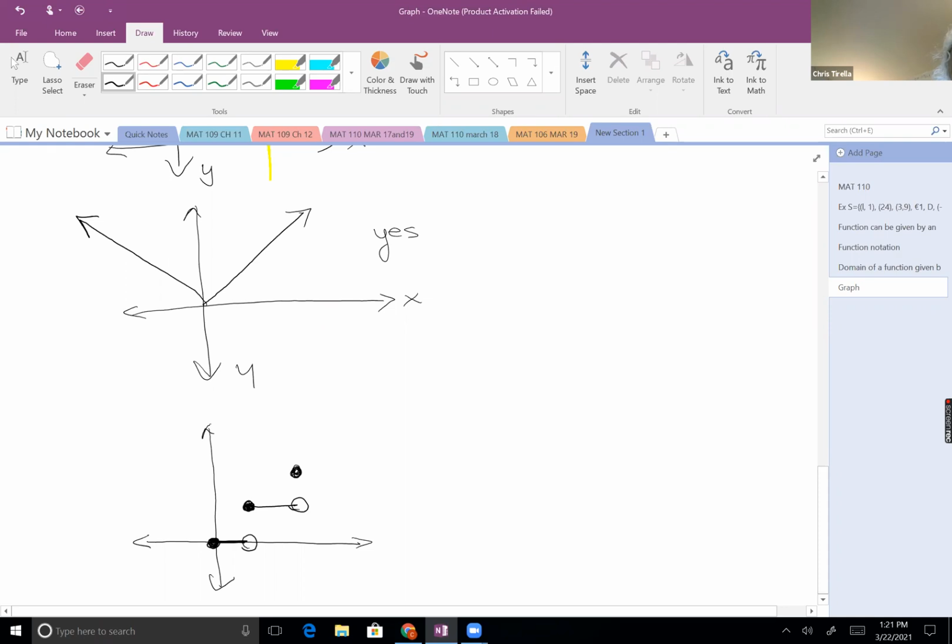And this one's filled in, and this one's open. As I look at this, the only place that would be questionable would be where those endpoints overlap. Because this one's included, but this one is not, this would be a function.